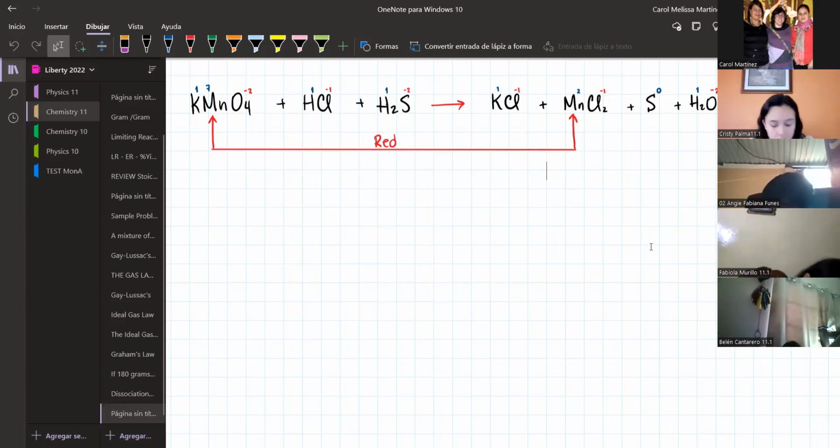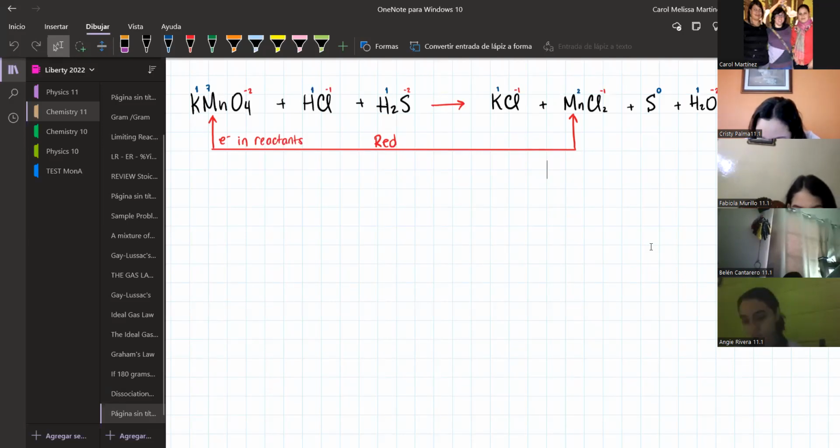And I know that because this is the reduction part, I'm going to have electrons in the reactants. If you want to write it on the left, just to remember the position where to write the electron, that's better. Okay?